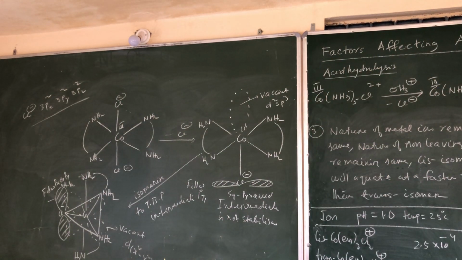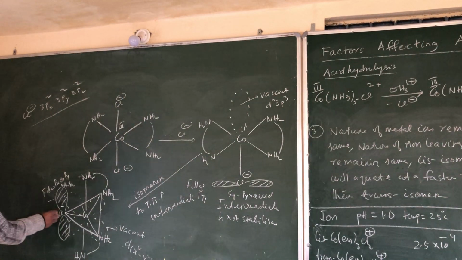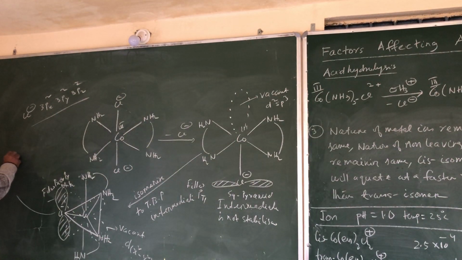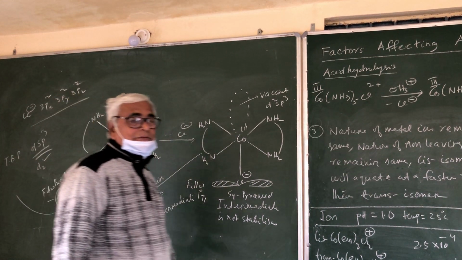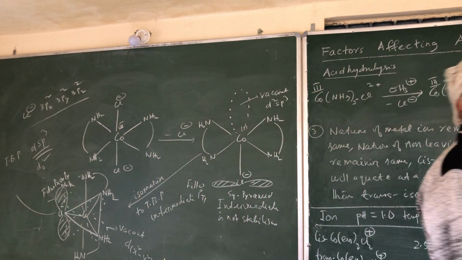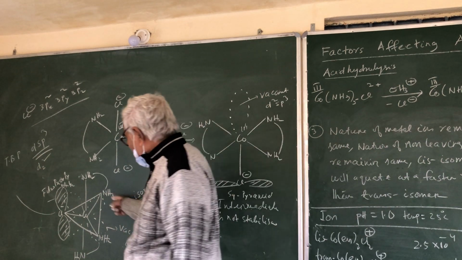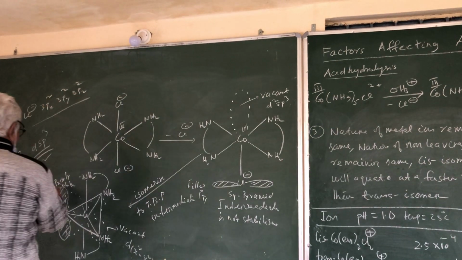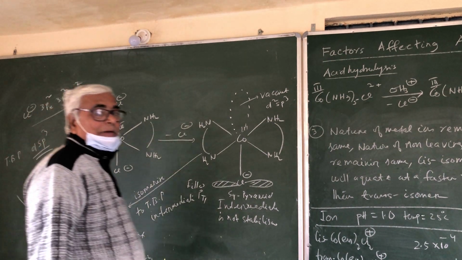In TBP, the hybridization is dsp3. So which d orbital is involved? The dz square orbital is involved in hybridization. So therefore, the metal will have a vacant dx square minus y square orbital. So the metal's vacant dx square minus y square orbital can overlap with the px or py orbital, stabilizing the trigonal bipyramidal intermediate.